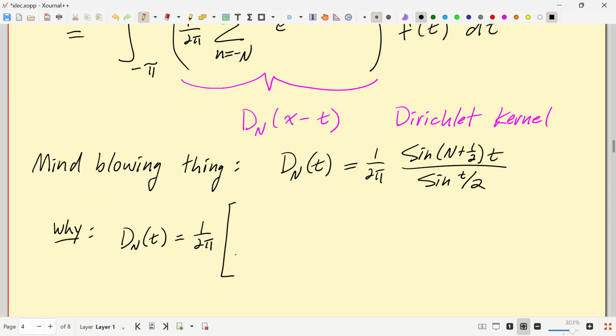And so I'd have e to the minus iNt plus etc. plus e to the minus it plus 1 plus e to the it plus e to the 2it plus, up to e to the iNt.